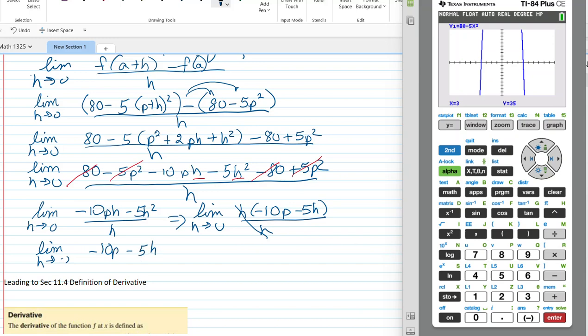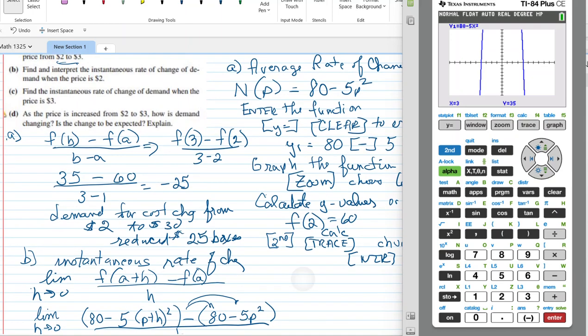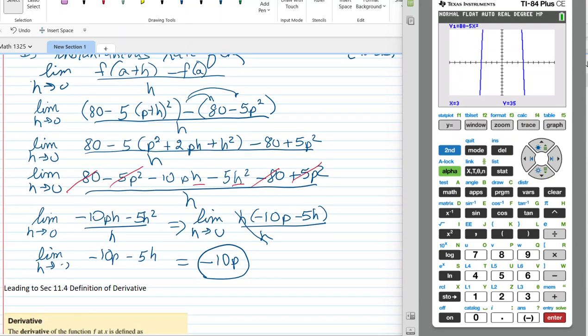Now we're going to take the limit. Therefore, the limit is a negative 10p. All right. So there we have what our function is to find the limit. And they wanted us to find the limit for the price of 3. So now we're going to find the limit as p approaches 3 of the negative 10p.